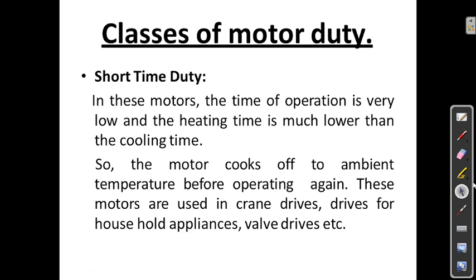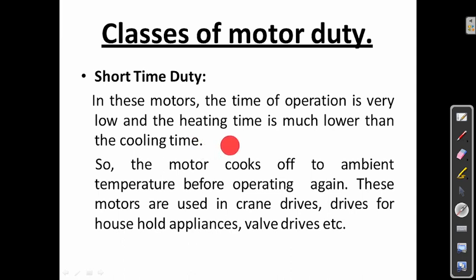In these motors, the time of operation is very low and the heating time is much lower than the cooling time. Whereas in continuous duty, the cooling time is much lower than the heating time, because that motor is always running, so heating is more in that particular motor.